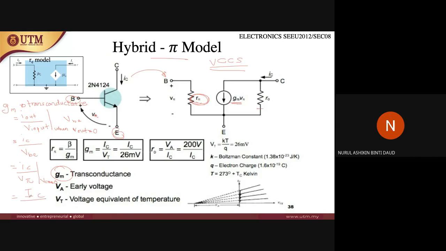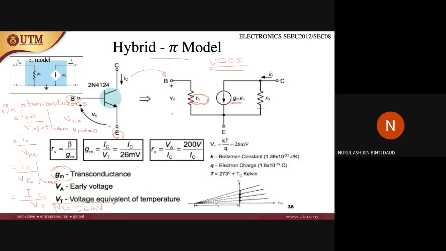At room temperature, IC can be divided by VT. What is VT? VT is the voltage equivalent of temperature. This only applies at room temperature, and the value of VT is usually constant, which is 26 millivolts.